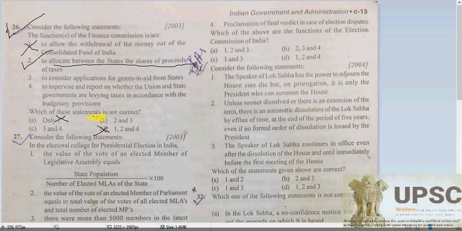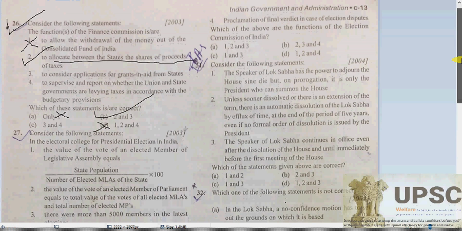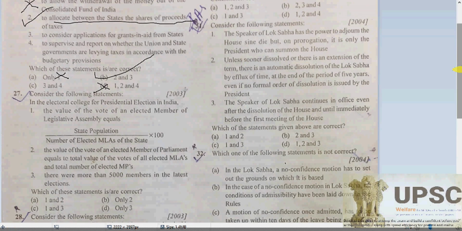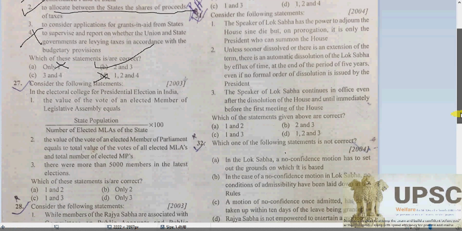So 2 is absolutely correct, and 3 is already correct, so B will be the option. If we go through 4, to supervise and report on whether the Union or the state governments are levying taxes in accordance with the budgetary provisions, that is of course not a function of the Finance Commission. So 4 will be wrong.